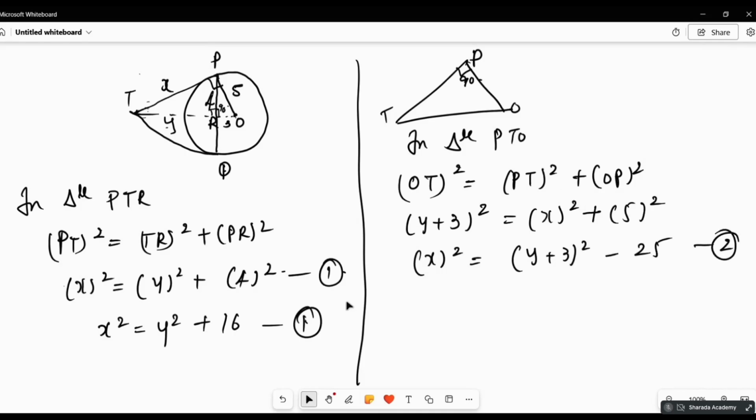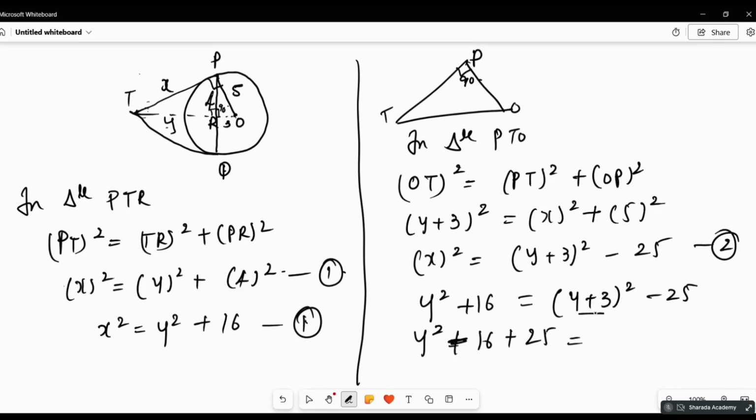This is the second equation. Compare 1 and 2. Both are equal to X square, so I can find Y. Y square plus 16 is equal to Y plus 3 whole square minus 25. Now try to simplify. We have to calculate the Y value. Taking 25 to this side, plus 25. A plus B whole square is Y square plus 3 square, which is 9, plus 2AB, 2 into 3 into Y. Y square and Y square I can cancel here.